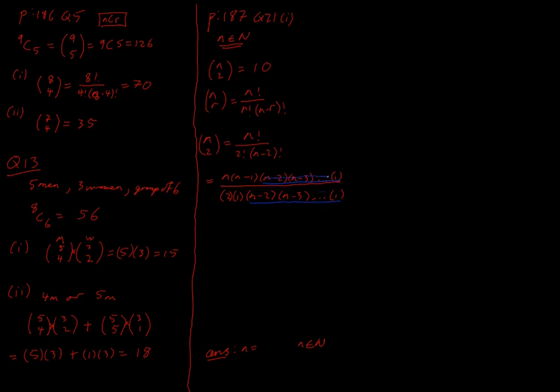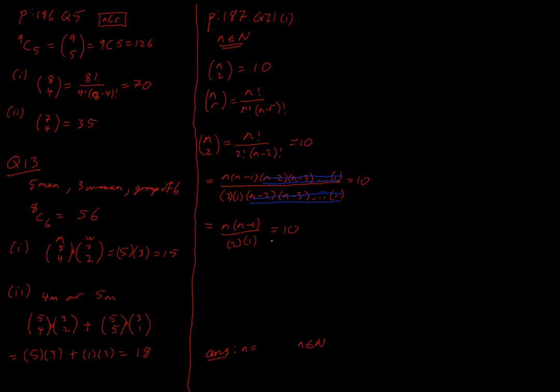I can divide out by my common factor, and I'm going to be left with n times n minus 1 all over 2 by 1. And I'm told in the question that that is equal to 10. In an exam, I would advise you to have written that down as you were going so you didn't forget about it.